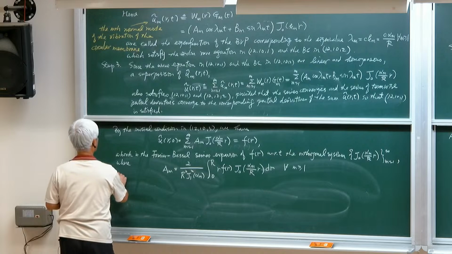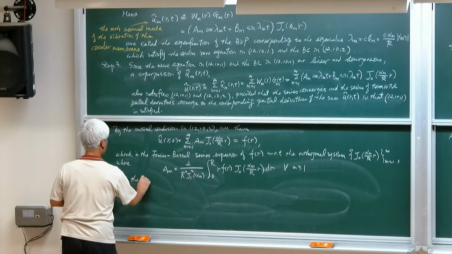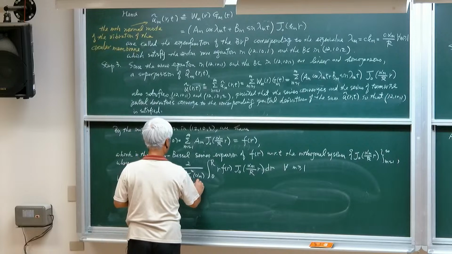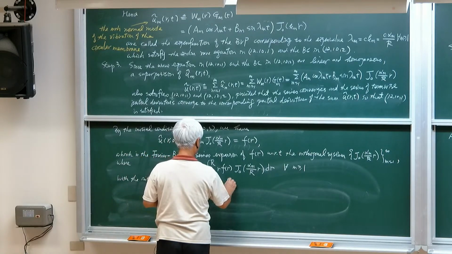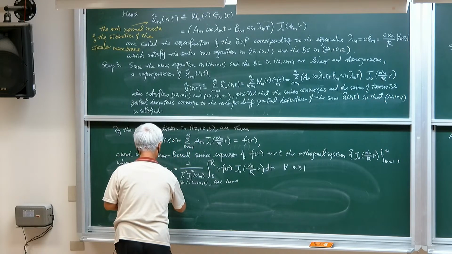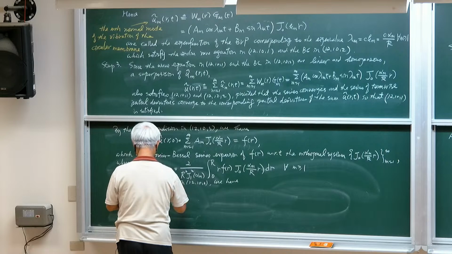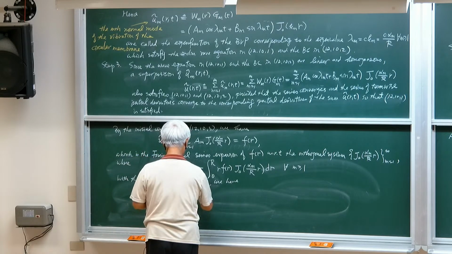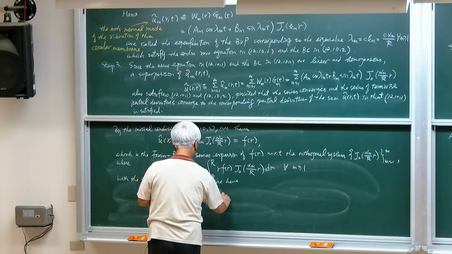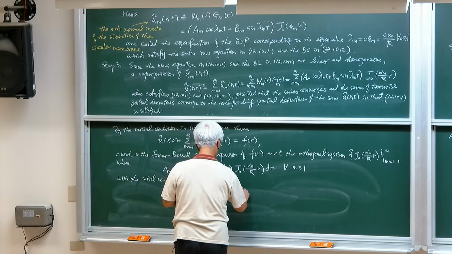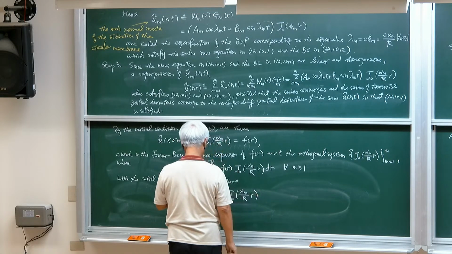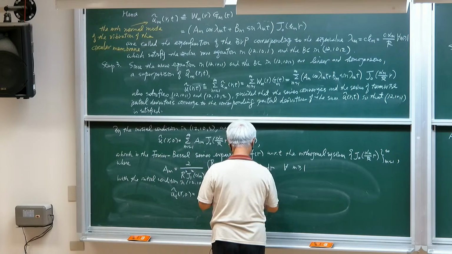And also with the initial condition in 12.10.4, we have that u sub t(r,0) is equal to the summation m from 1 to infinity of lambda sub m B sub m J0 of alpha m r over R, equal to g(r).